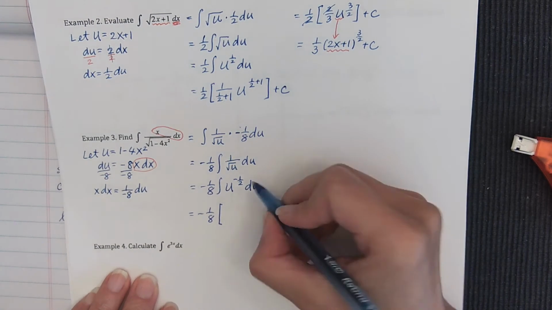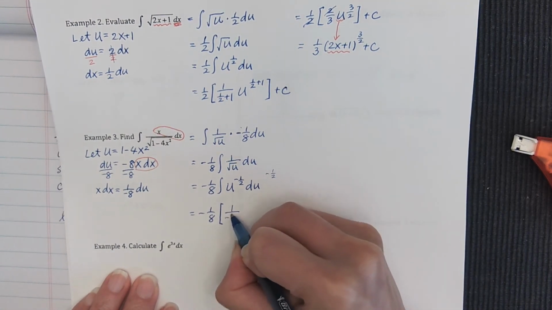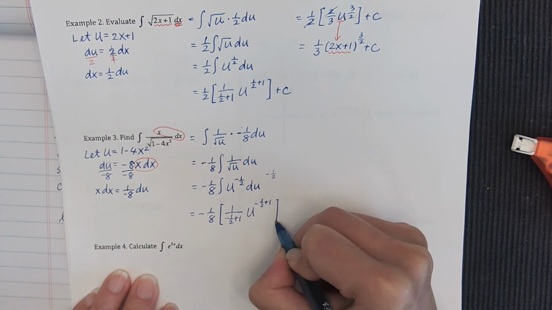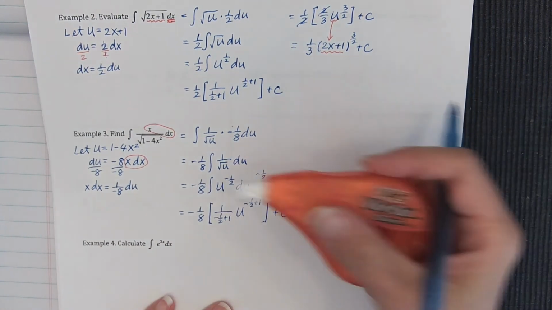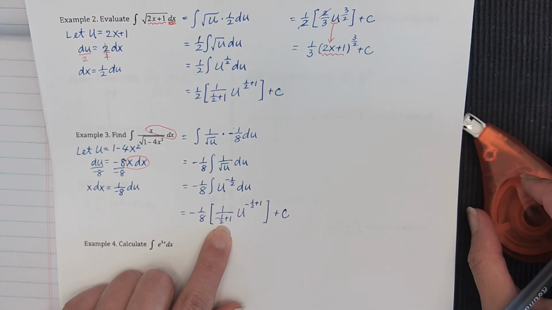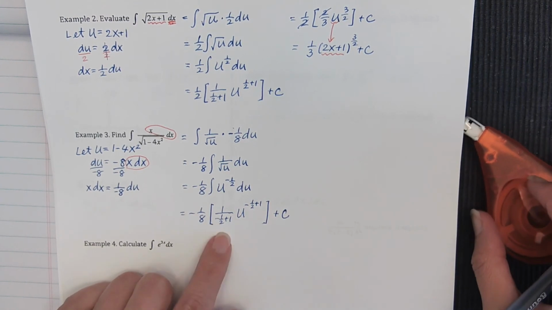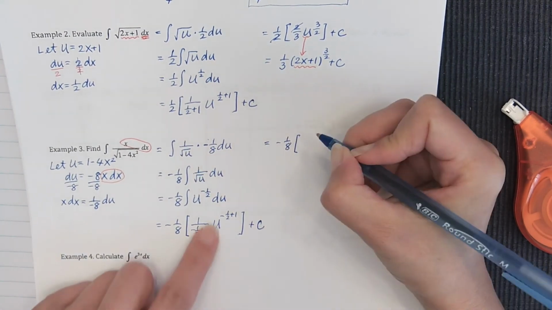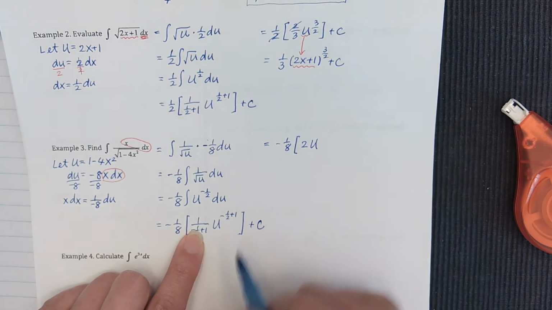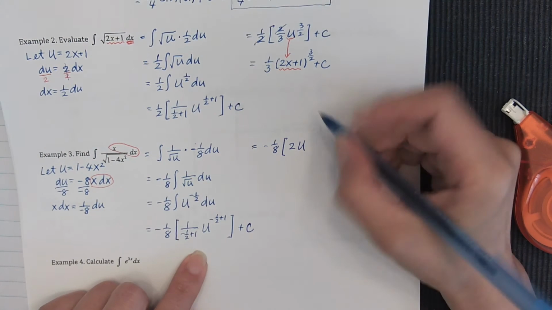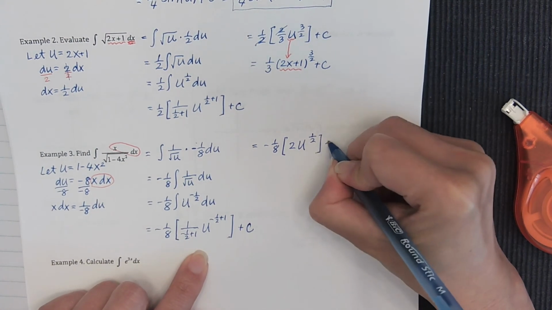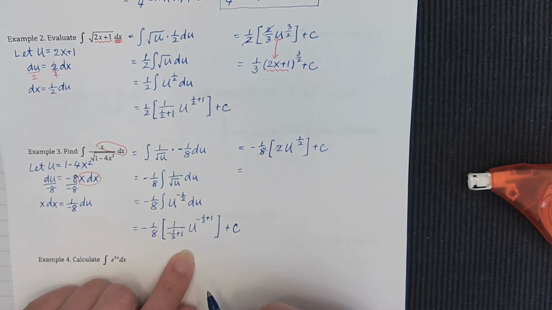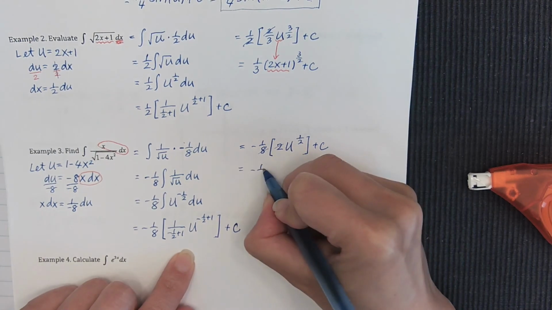Negative 1 over 2 plus 1 is 1/2, plus C. So dividing by 1/2, you make the reciprocal, which is 2. So it's negative 1 over 8 times 2u to the 1/2, plus C. The 2 and the 8 cancel, so negative 1/4.